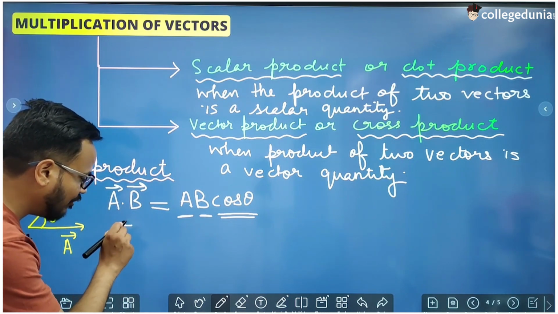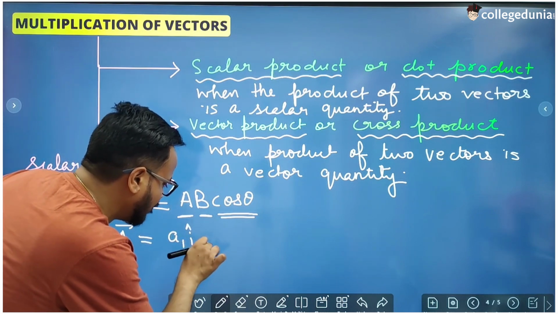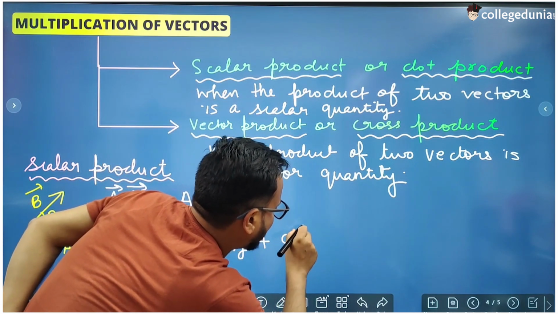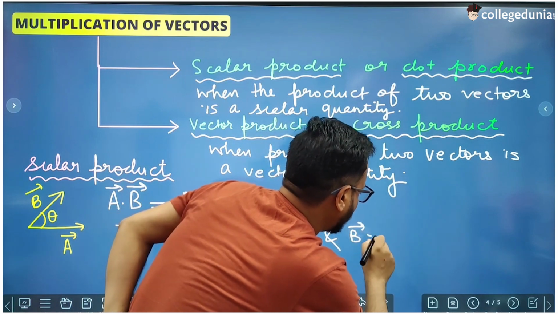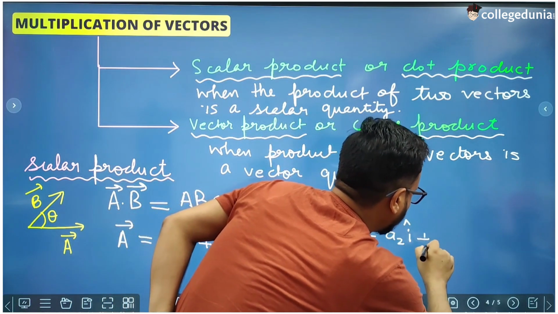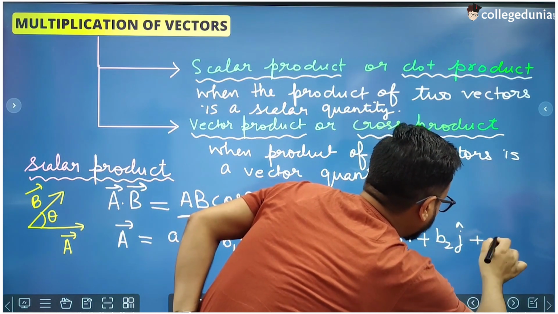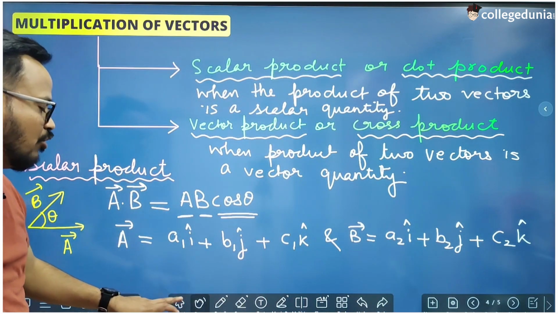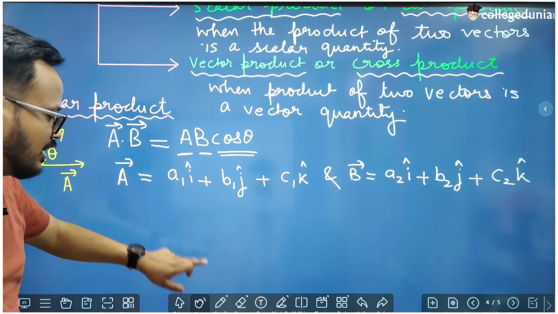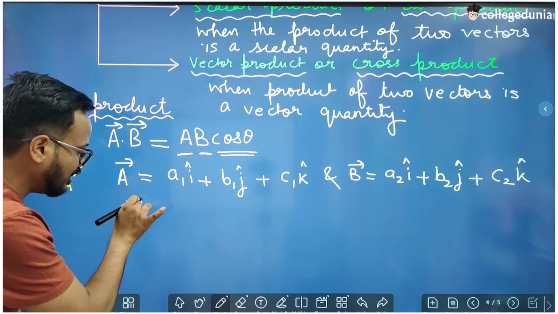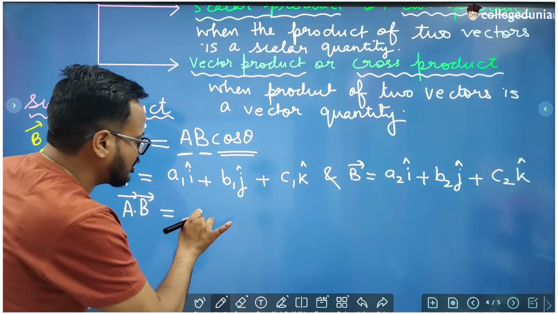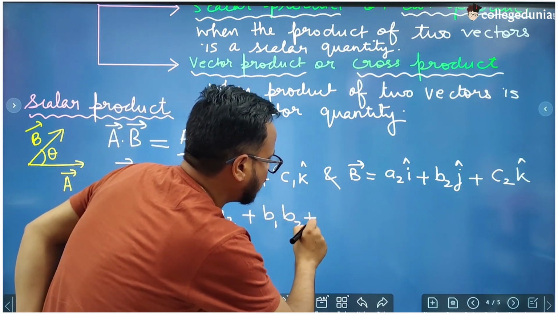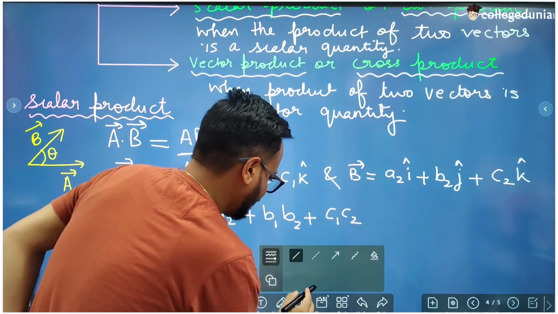If vector A is given as a1 i cap plus b1 j cap plus c1 k cap, and vector B is given as a2 i cap plus b2 j cap plus c2 k cap, then without going into the derivation or other details, just remember that in this case the dot product of the vectors is given by a1 a2 plus b1 b2 plus c1 c2.